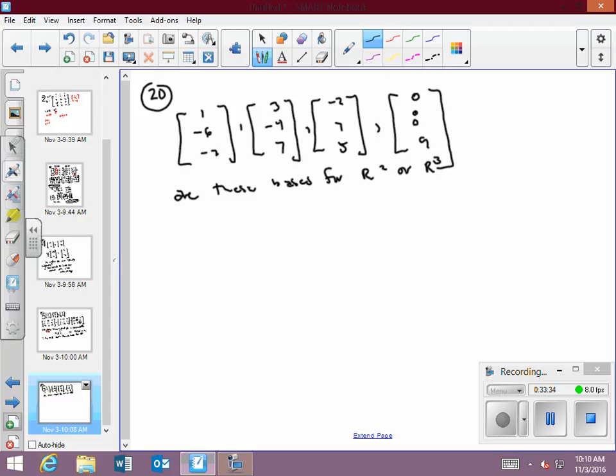So any set v1 through vp in Rn is linearly dependent if p is greater than n. So it's a linearly dependent set of vectors.